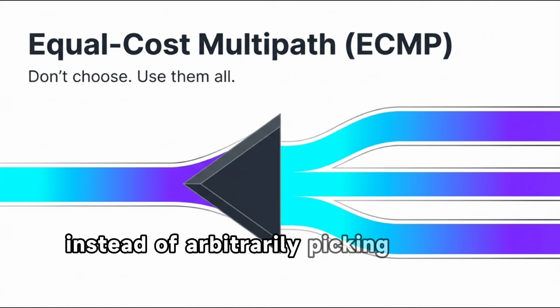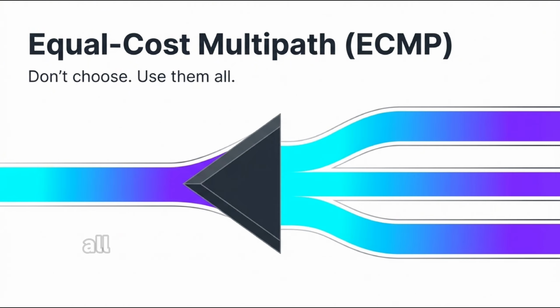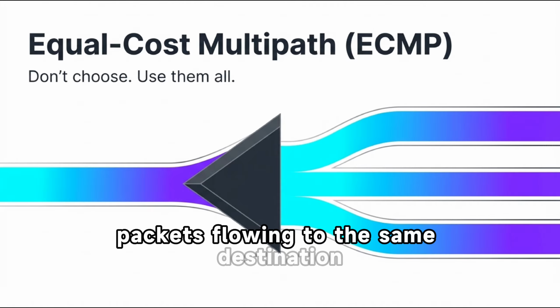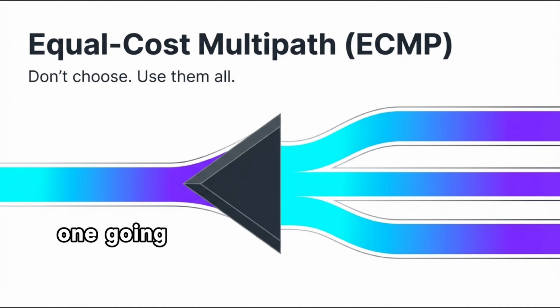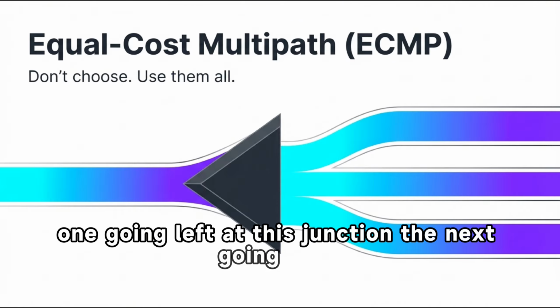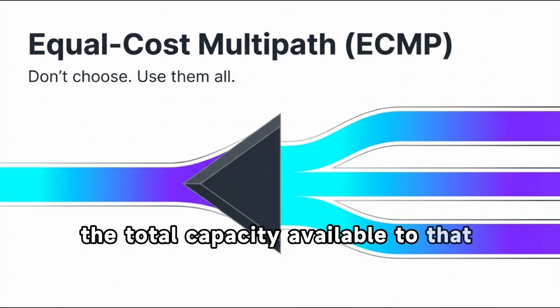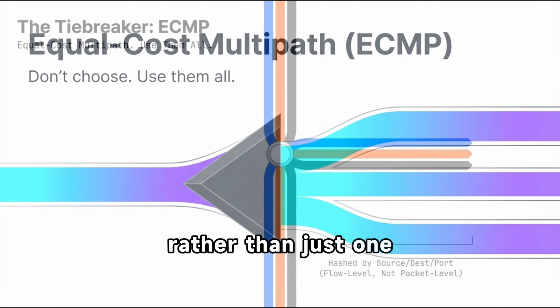Instead of arbitrarily picking one path and ignoring the others, the router distributes traffic across all equal cost paths simultaneously. Packets flowing to the same destination might take different physical routes through the network, one going left at this junction, the next going right. The load is spread. The total capacity available to that destination is the sum of all equal cost paths rather than just one.